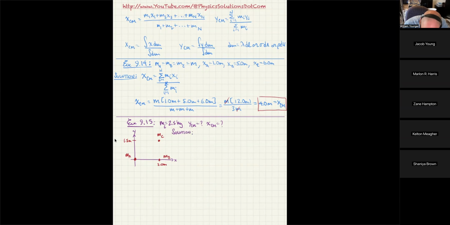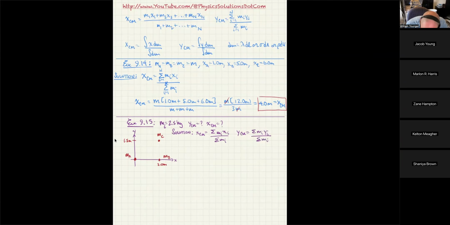So what we're using is XCM is equal to the summation of M sub i, X sub i over the summation M sub i, and YCM is equal to the summation M sub i, Y sub i over the summation M sub i, like that.